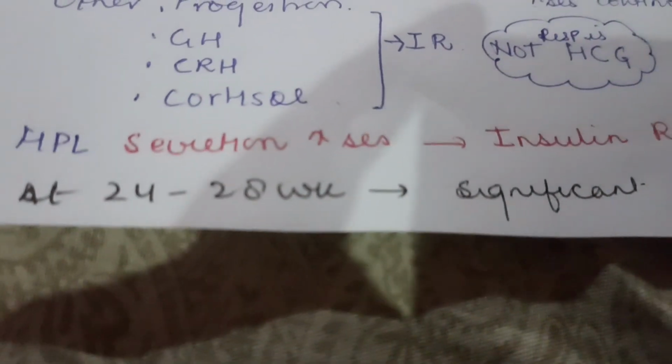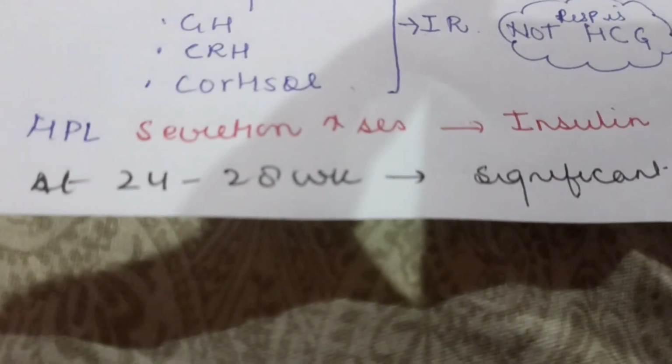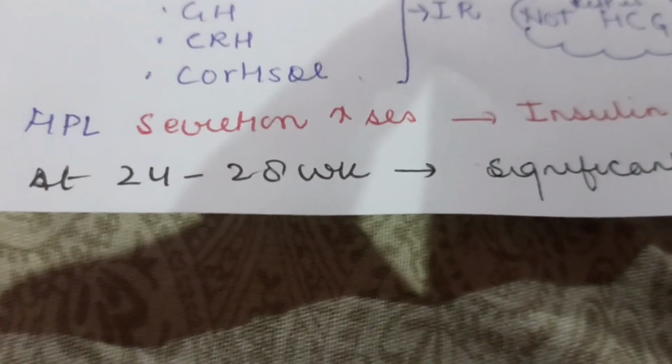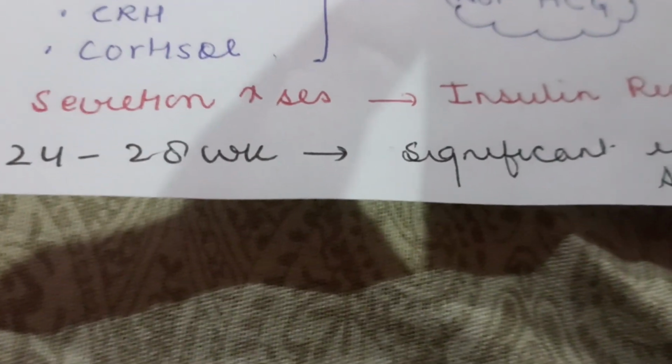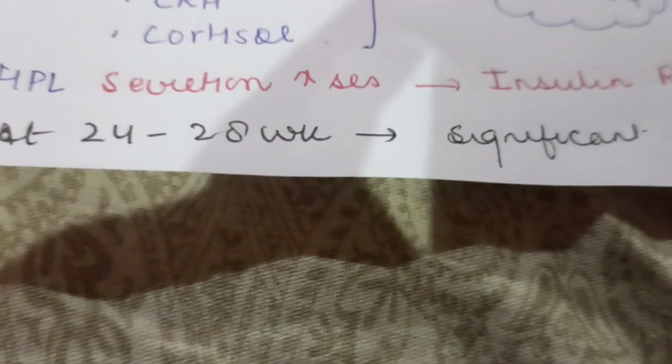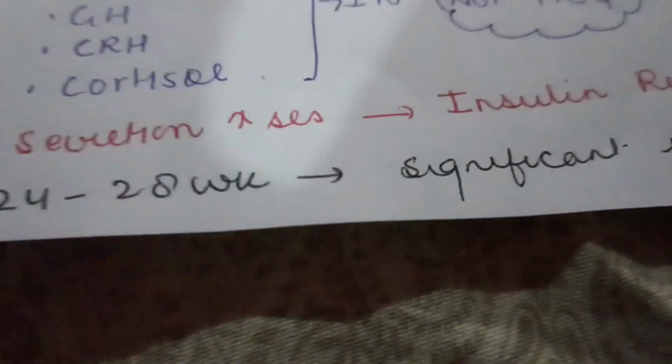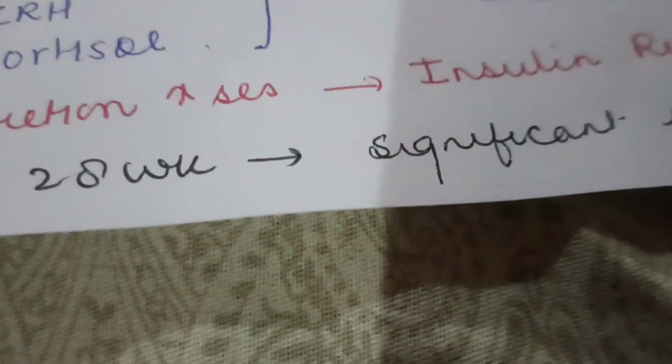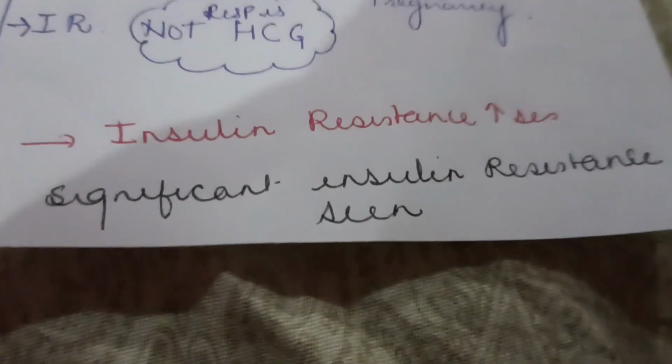As human placental lactogen secretion increases throughout the pregnancy, insulin resistance also increases, and at 24 to 28 weeks significant insulin resistance is seen.